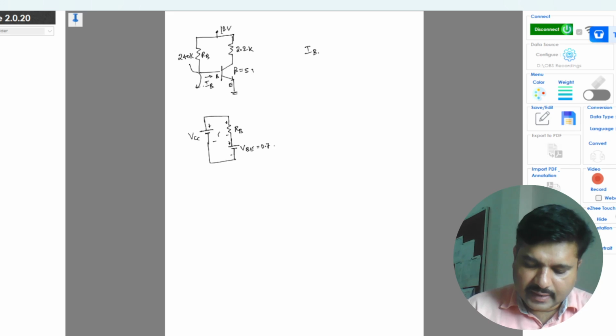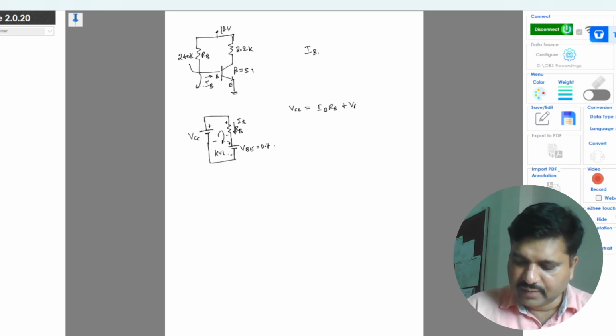Now applying KVL to this loop, we get VCC equal to IB into RB plus VBE. This is my equation. In this I have to get the expression for IB.